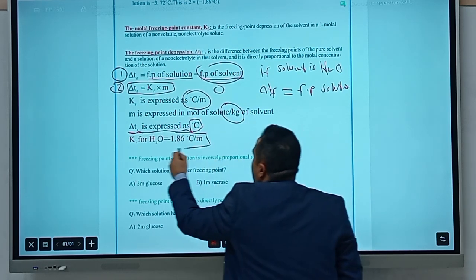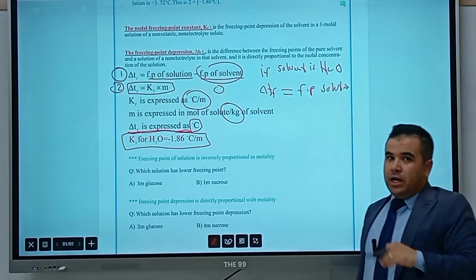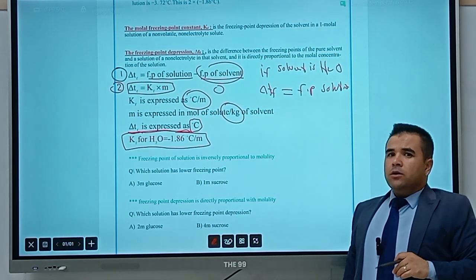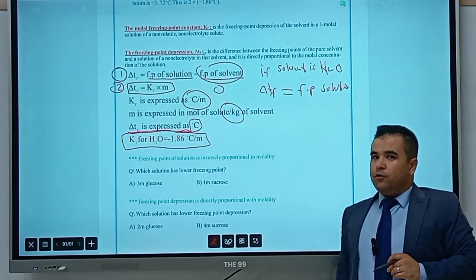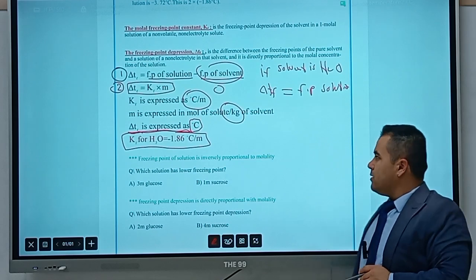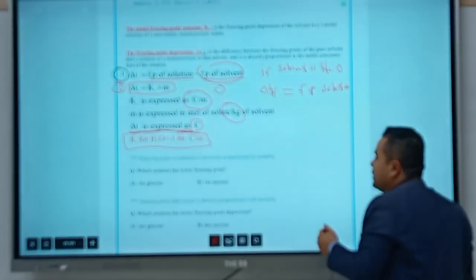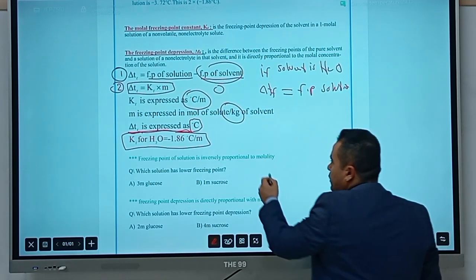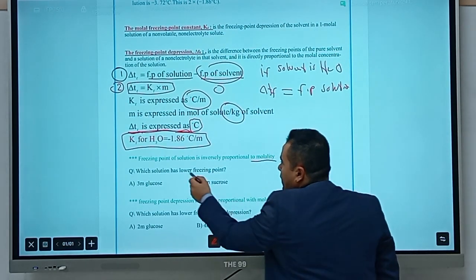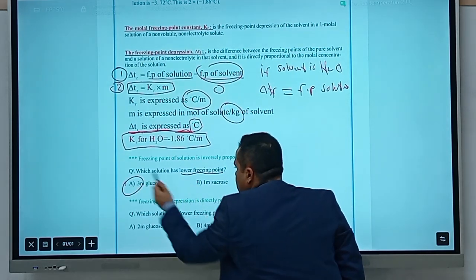Guys, Kf for H2O must be memorized. Only Kf of H2O; the other solvents are not required to be memorized. It should be given in the questions. It's minus 1.86 Celsius per molal. So we concluded the freezing point is inversely related to the molality. Which one has lower freezing point? Of course, the higher molality.